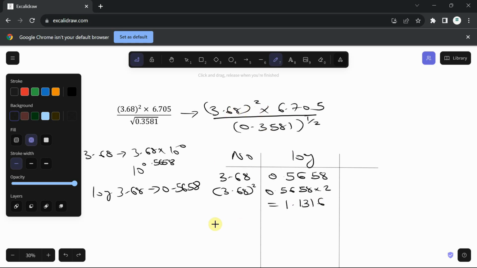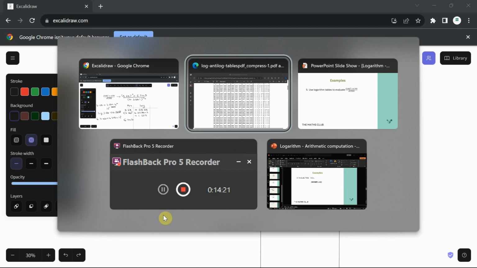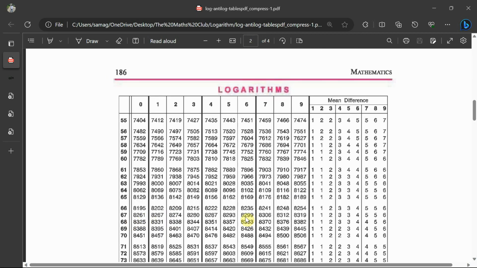Let's go to the next guy, which is 6.705. In standard form it is 6.705 times 10 raised to the power of 0. So let's go to the logarithm table. 67 under 0 difference 5. Difference 5 is 3. So this is 8261 plus 3, which is 8264.